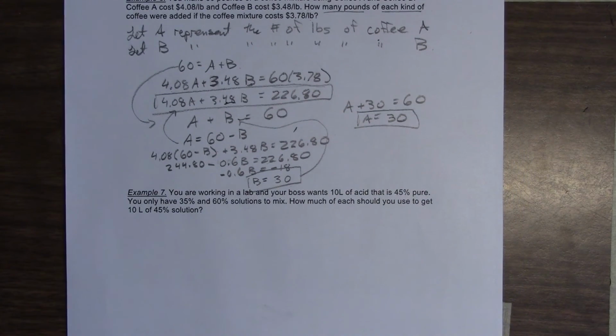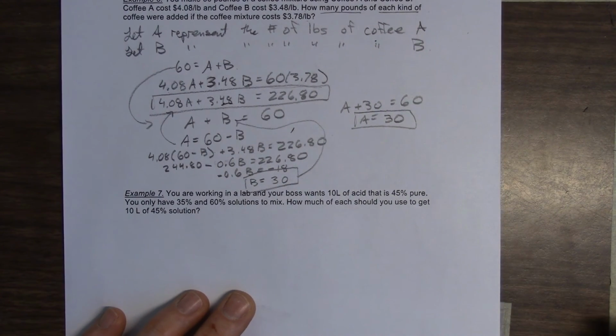So how am I going to write the concluding sentence here? Who have I not picked on at all? Lucas, what am I going to write? A and B are both 30.